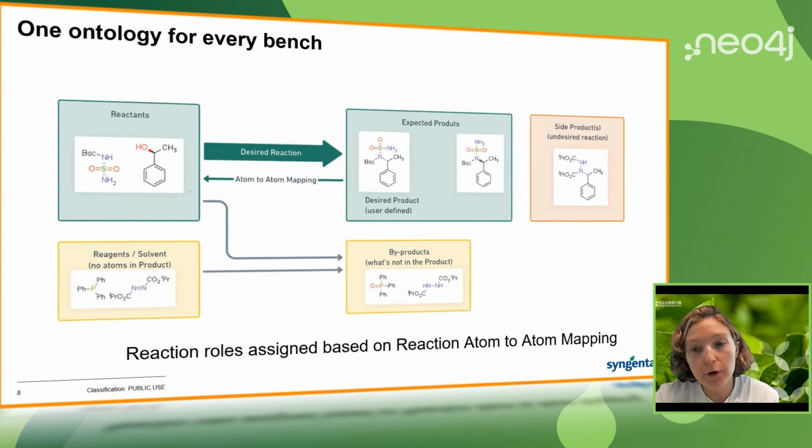And we went a step further with the products. We have expected products, among which there are sub-roles. The desired product is the molecule which was the whole purpose of this reaction. It's the molecule which we wanted to achieve in this reaction. The byproduct, probably all the ions, will be labeled as byproduct if they were part of the cheminformatic representation.